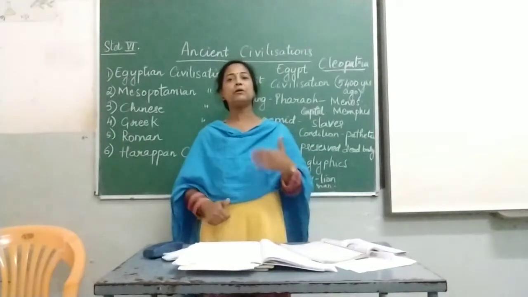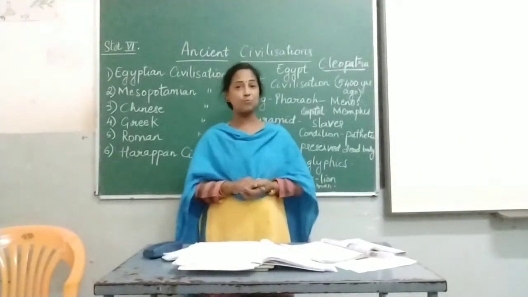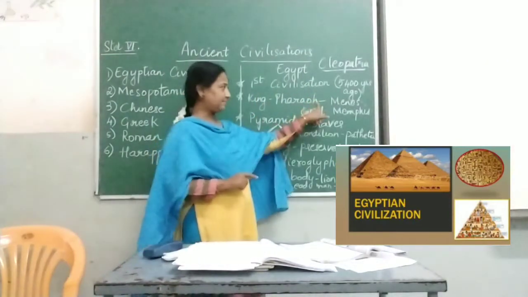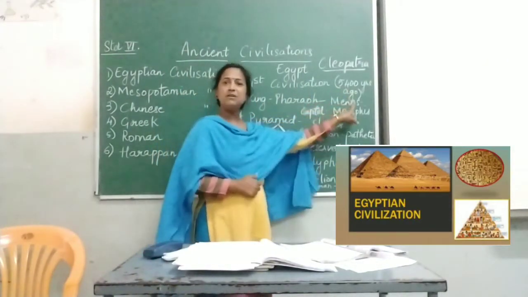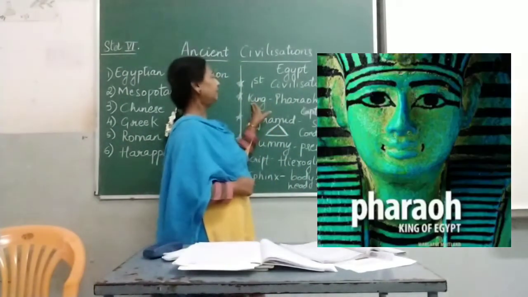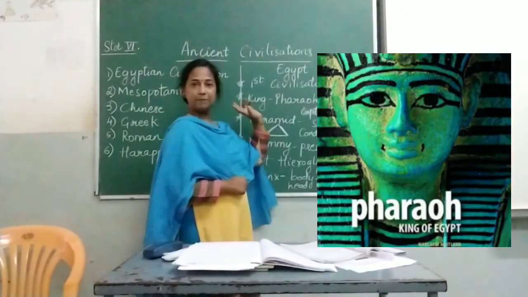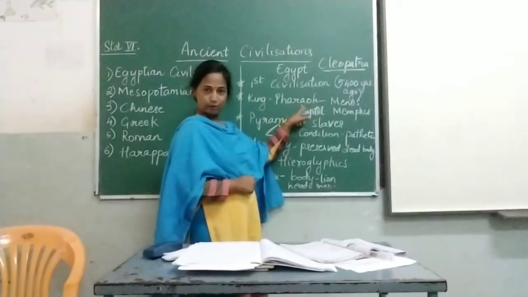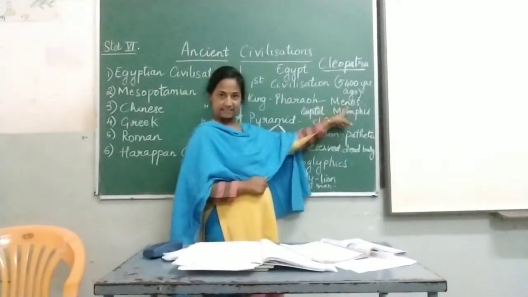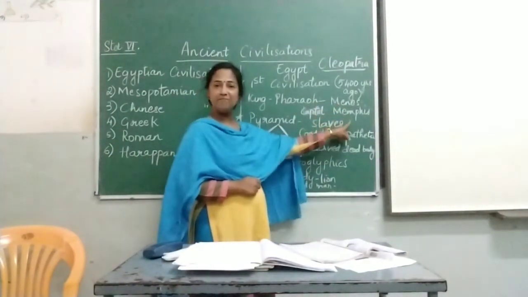Now, about Egyptian civilization, what all things do you need to remember? You need to remember that it was the first civilization, 5,400 years ago. The king of the Egyptian people was called Pharaoh. The important king of this civilization was Menes, and his capital was Memphis.